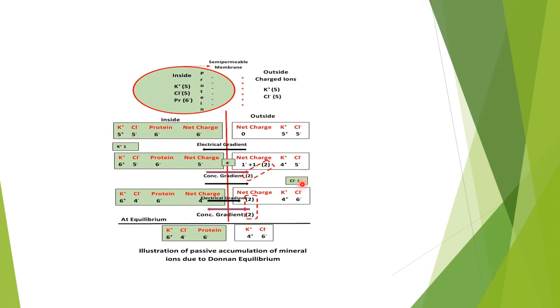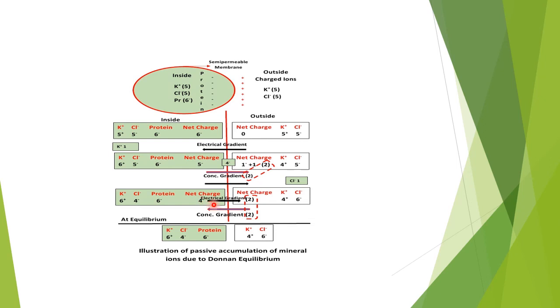Once chloride has gone here, it has again caused an imbalance in the charge. There will be one more net charge here. So as a result, there will be 2 net charges here and 4 net charges on this side.